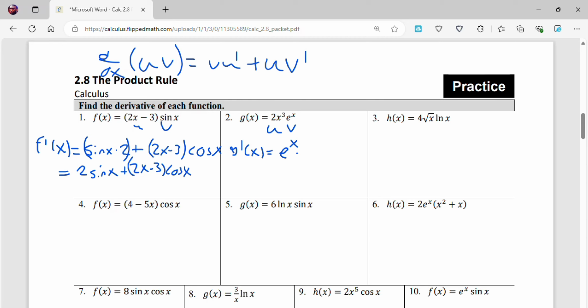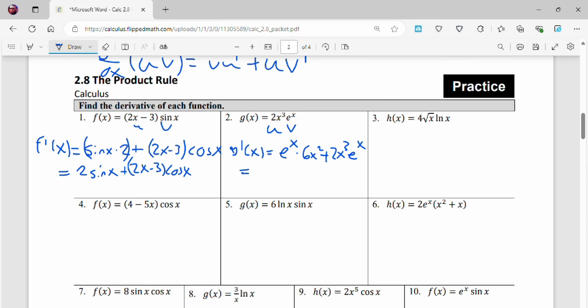So derivative of u, 2x cubed, is 6x squared, plus u times v prime. Derivative of e to the x is e to the x. And so we can leave it like that, or we can factor out an e to the x, but I'll show you how you can do that.